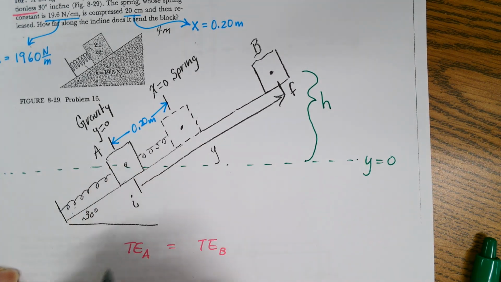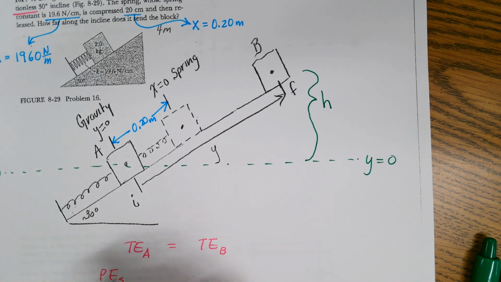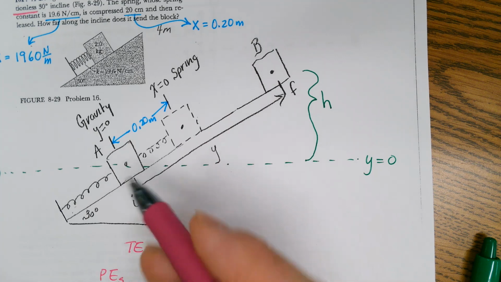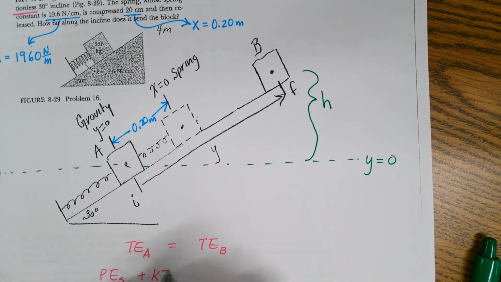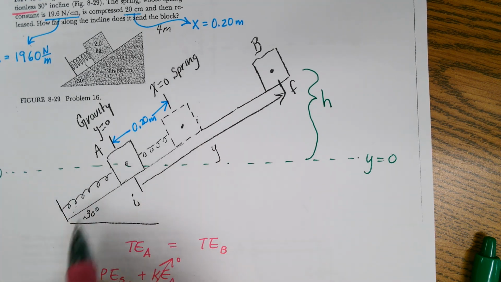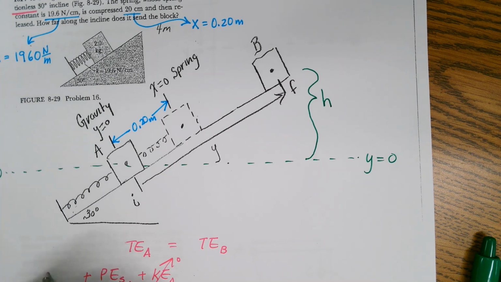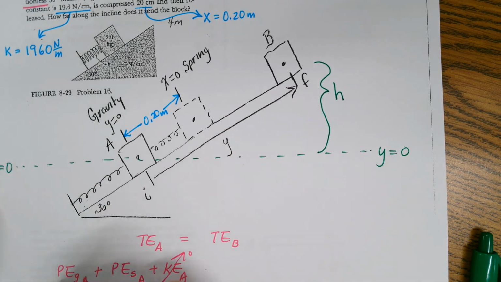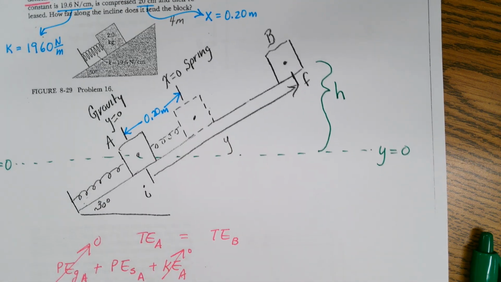At A, I have potential energy of the spring at A. It's not going to be moving, so the kinetic energy at A is 0. Gravitational potential energy is also 0 because we considered A to be our 0 height. So this also goes to 0.